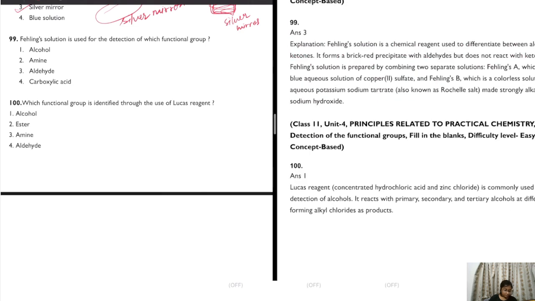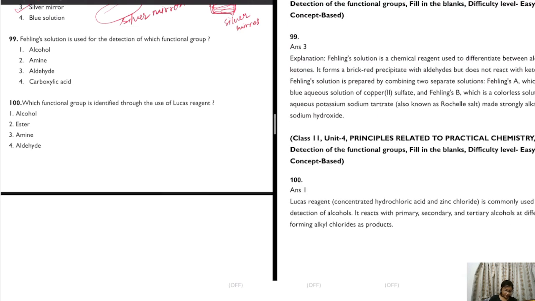Now let's see the next question. Fehling's solution is used for the detection of which functional group? Again, this is used for aldehydes. Fehling's solution is made of two solutions, Fehling A and Fehling B. One is Rochelle salt, another is CuSO4.